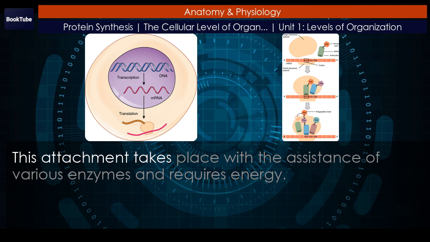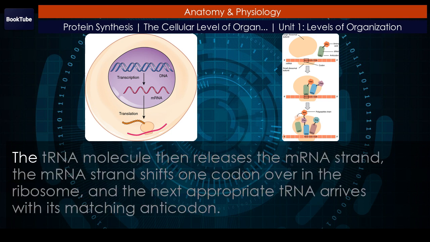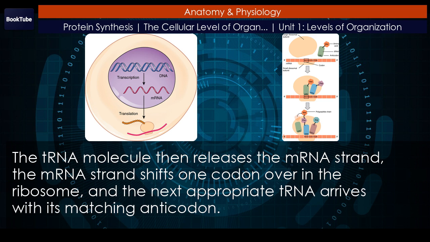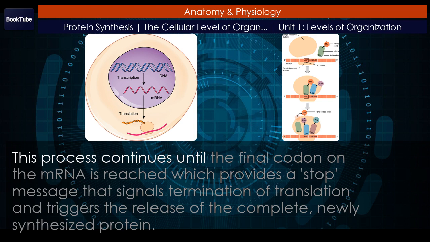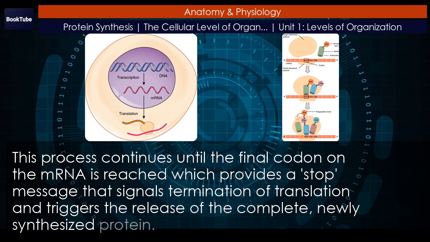This attachment takes place with the assistance of various enzymes and requires energy. The tRNA molecule then releases the mRNA strand. The mRNA strand shifts one codon over in the ribosome, and the next appropriate tRNA arrives with its matching anticodon. This process continues until the final codon on the mRNA is reached, which provides a stop message that signals termination of translation and triggers the release of the complete, newly synthesized protein.